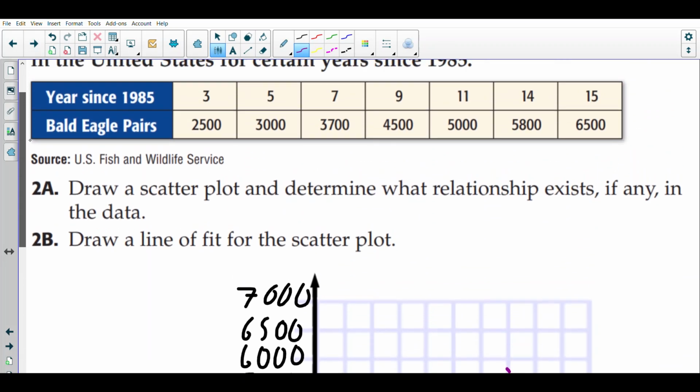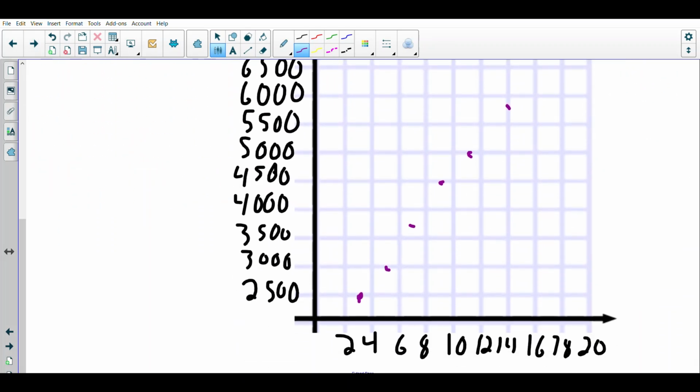And then we have 15 at 6,500. This one is pretty straightforward. We can almost draw a straight line, but it's not quite. I'm going to do my best. That's not very good, but it's the best I could do given my ability on my computer. But there's my line of best fit.